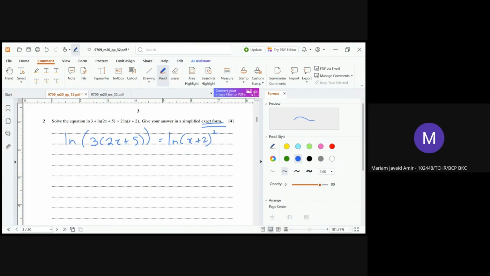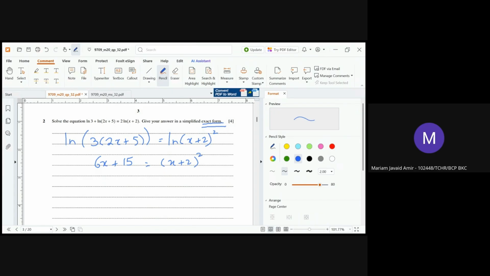So this is what we get on both sides after applying log properties. Now you can cancel ln on both sides and write 6x plus 15 equals x plus 2 whole squared. We've cancelled log on both sides.